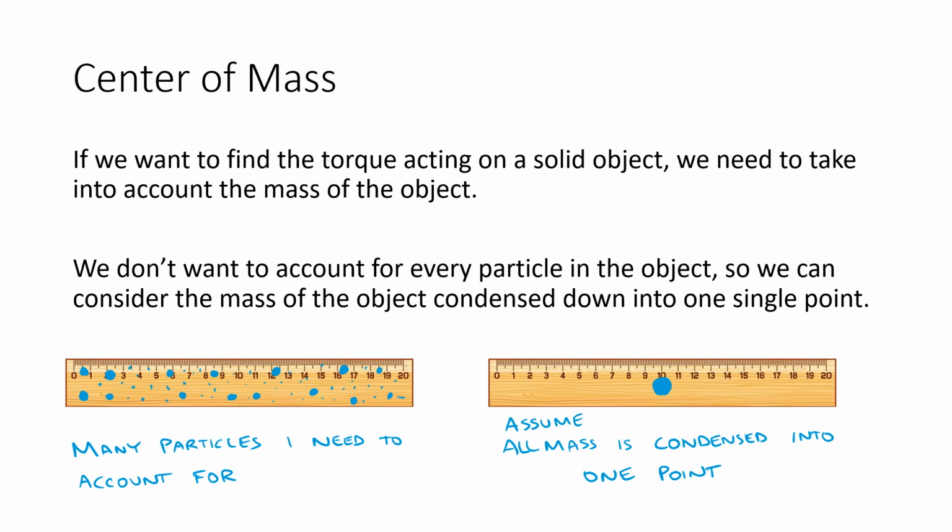And I can say the whole mass of, say, this meter stick, you can condense it all to this single point right here. And eventually start balancing things, stuff like that. So, single point is the center of mass.